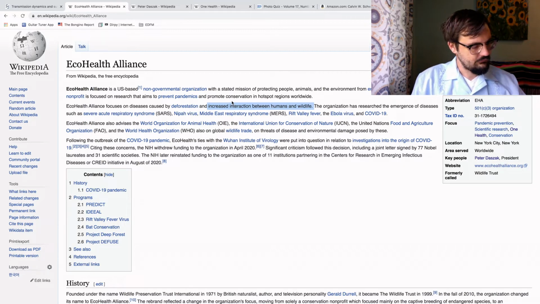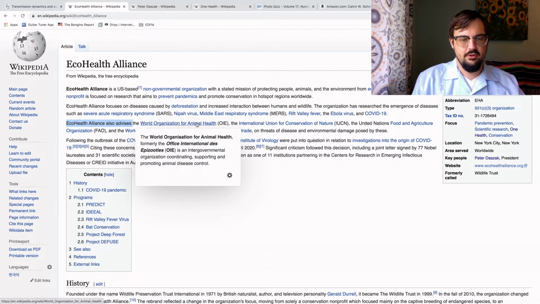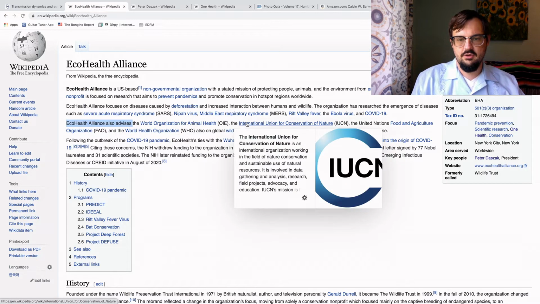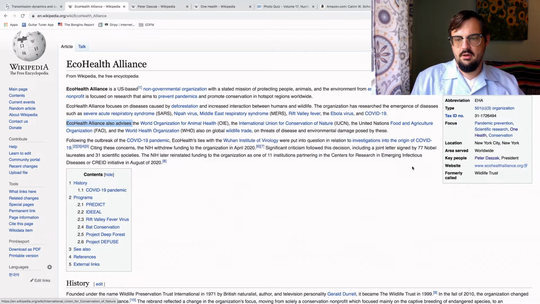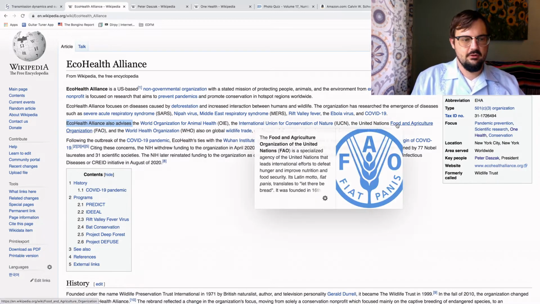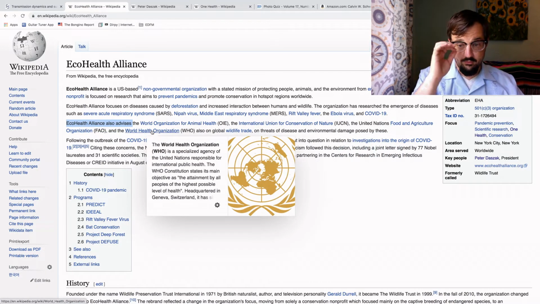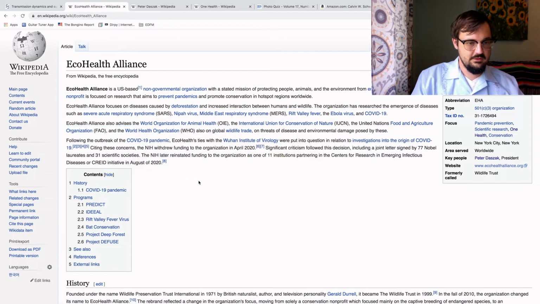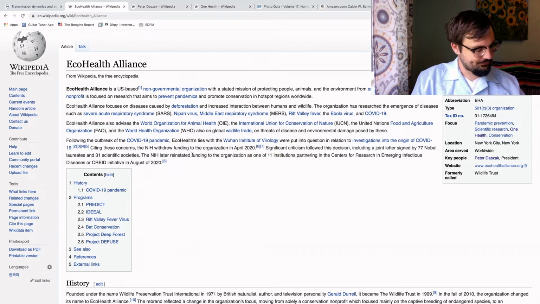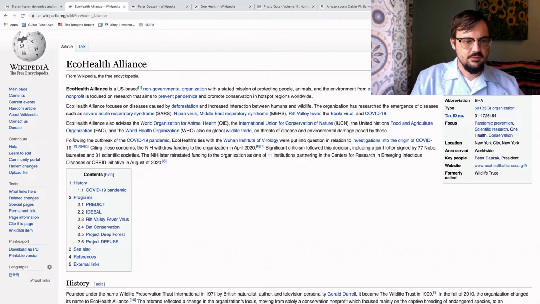Right. So we're working with EcoHealth Alliance. It also advises the World Organization for Animal Health, the International Union for Conservation of Nature, the United Nations Food and Agriculture Organization, and of course the World Health Organization. So they're working with all of these. Okay, and then this is where it gets juicy.